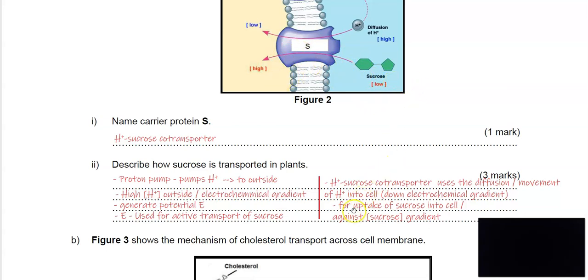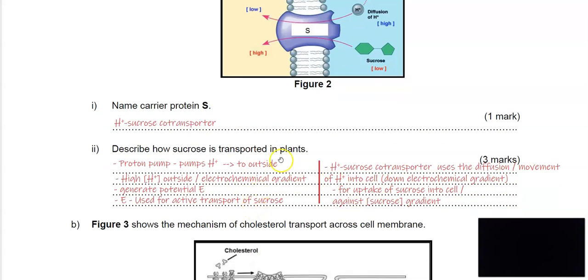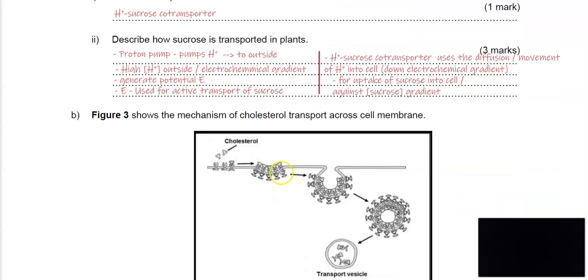So this will cause the cell to take up sucrose. Each of these points is worth 1 mark. Okay, B.